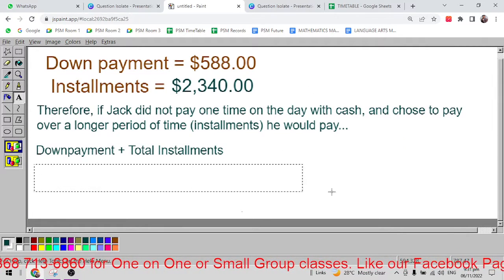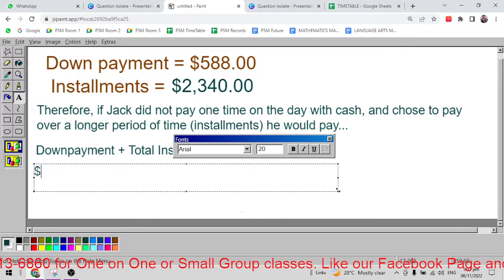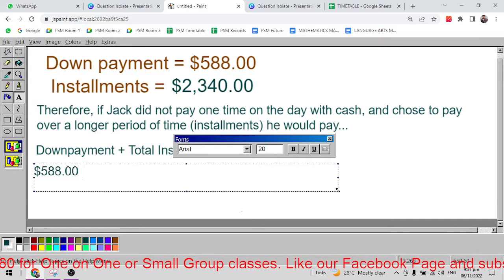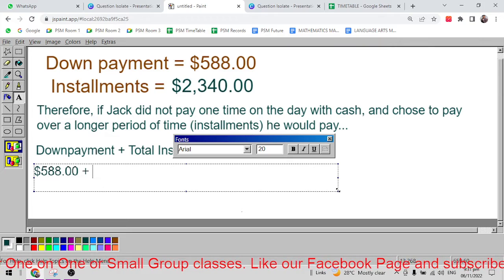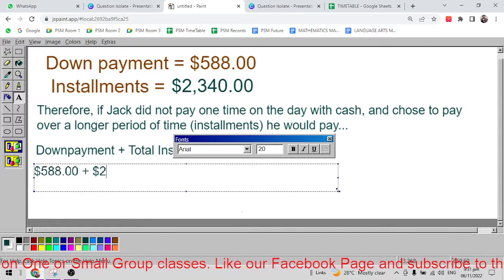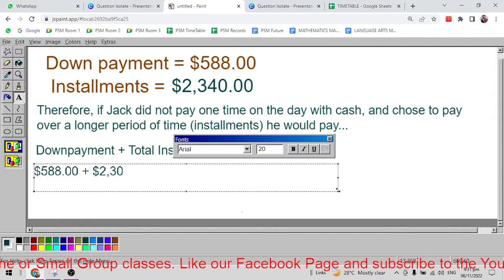Therefore, that would work out to be $588 plus $2,340.